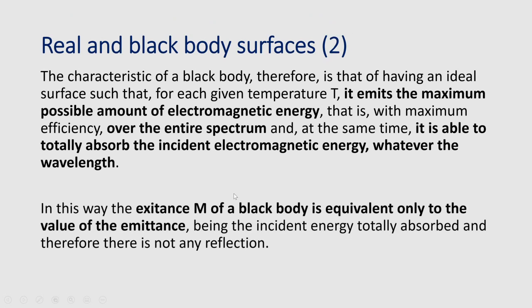Okay, in this way, the excitance M, which you remember we introduced in the previous lecture, lecture number two, when we introduced the concept of radiometry, of a black body is equivalent only to the value of the emittance, the incident energy being totally absorbed, and therefore there is no reflection.